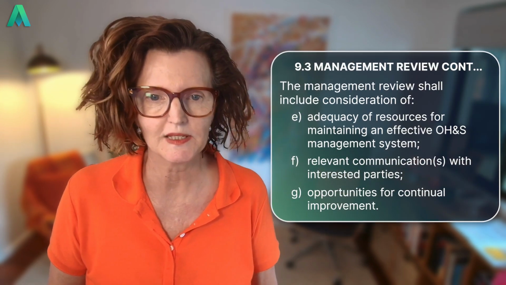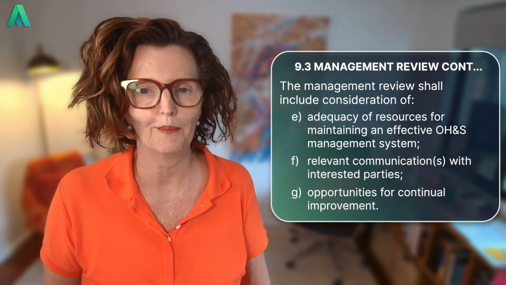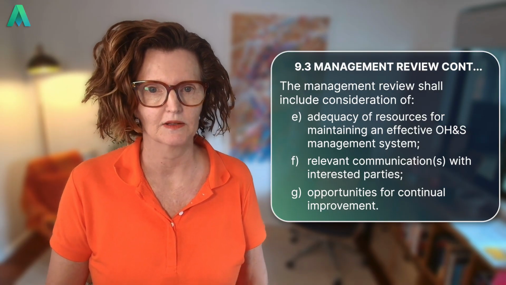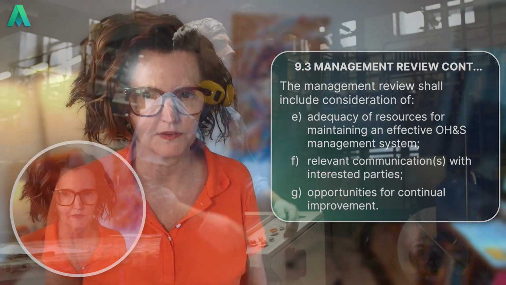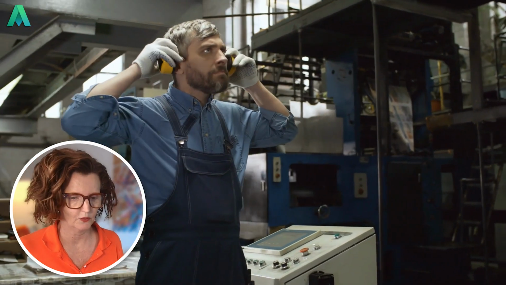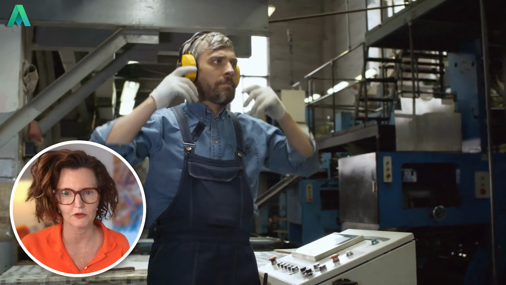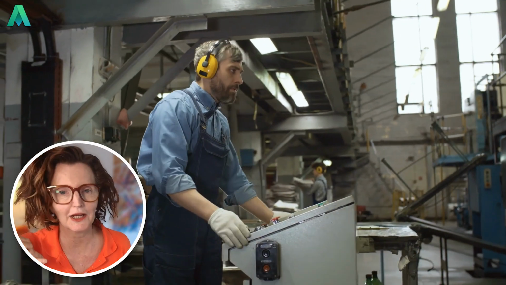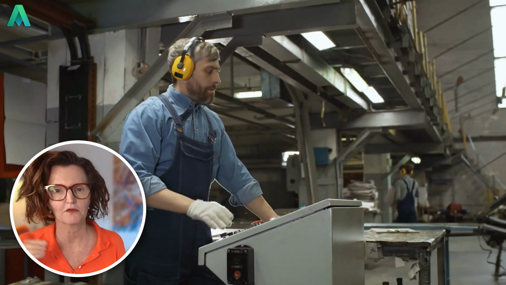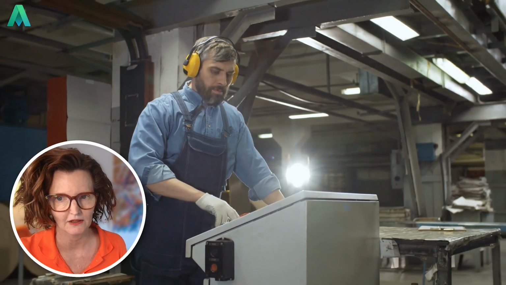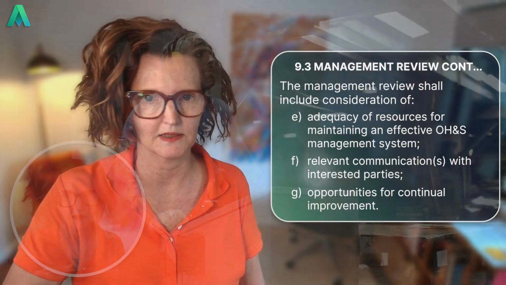Then the next one is E, adequacy of resources for maintaining an effective OH&S management system. So how are our resources? Okay, and this is not just human resources, it's plant, equipment, hardware, software, tools, the excavator, the communication system, any sort of resource that is needed to maintain your OH&S management system.